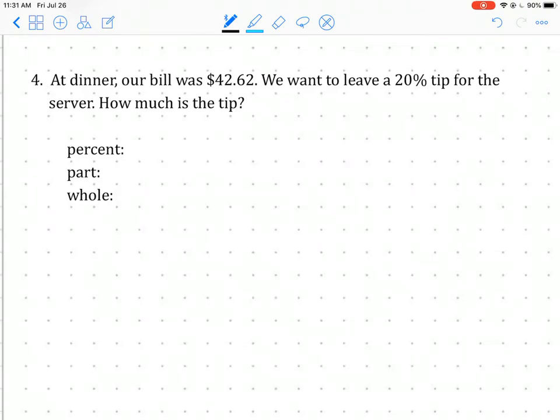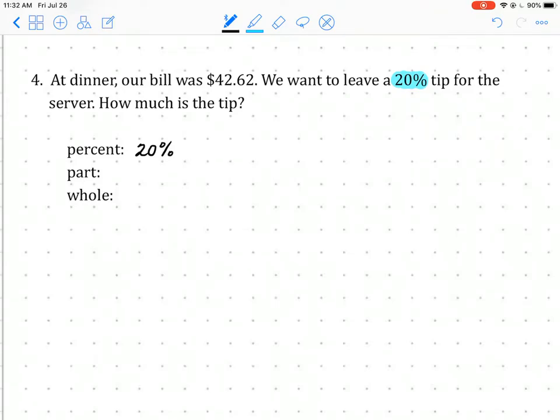At dinner, our bill was $42.62. We want to leave a 20% tip for the server. How much is the tip? Well, this one I can spot that percentage right off the bat. So I know that it's 20%.